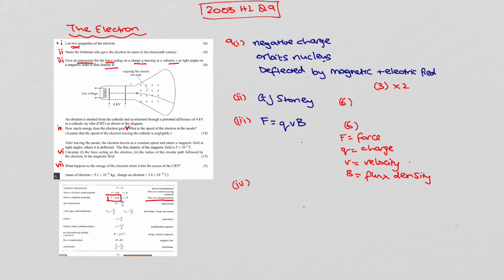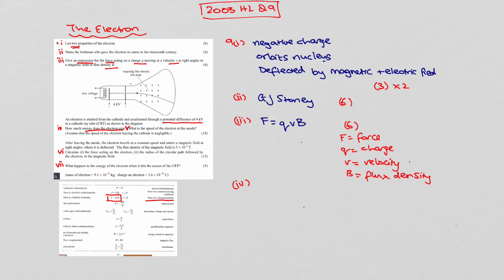So part 4. Well, part 4 says an electron is emitted from the cathode and accelerated through a potential difference of 4,000 volts in a cathode ray tube, as shown in the diagram. How much energy does the electron gain?